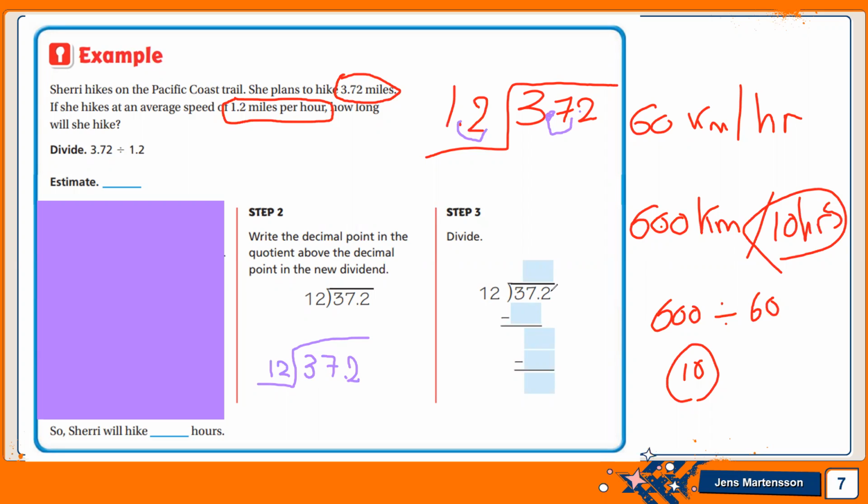Dina, where's Dina? Yes, Dina. What do you have to do? So now, yes, Dina, 37 divided by 12.